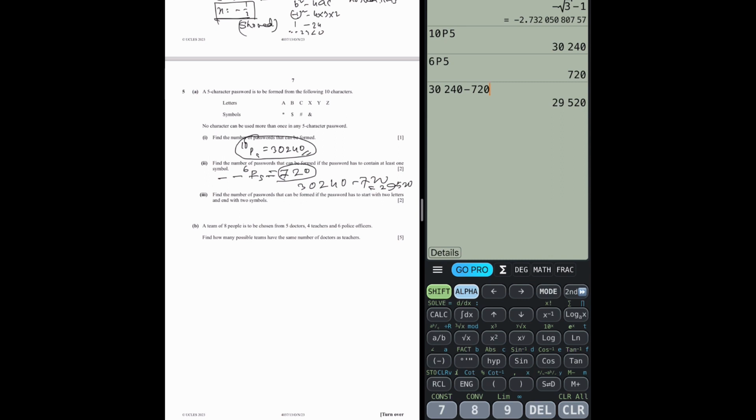Third question, find the number of passwords that can be formed if the password has to start with 2 letters and end with 2 symbols. Okay.